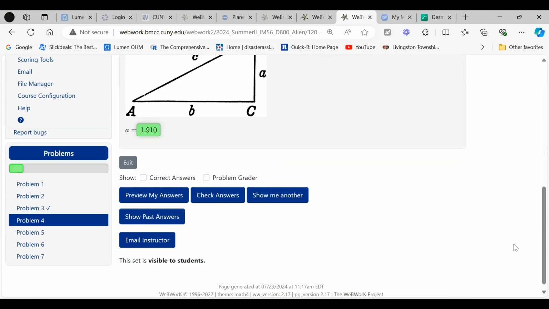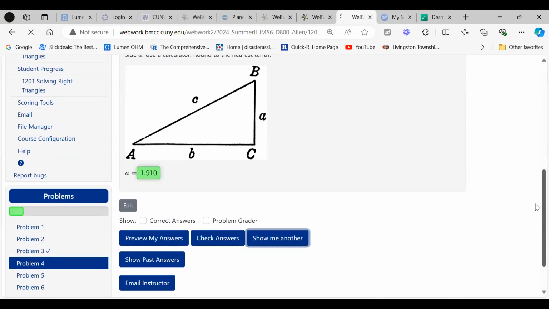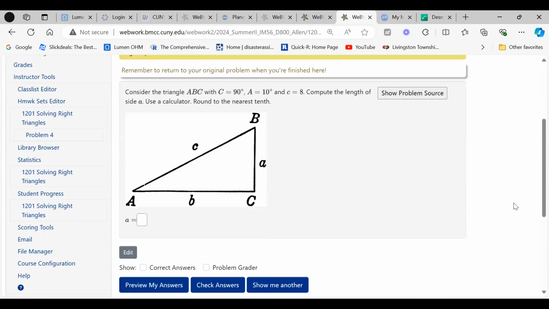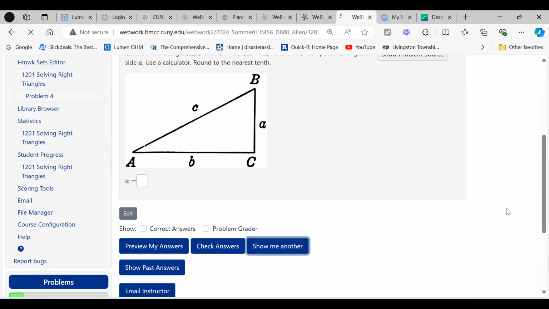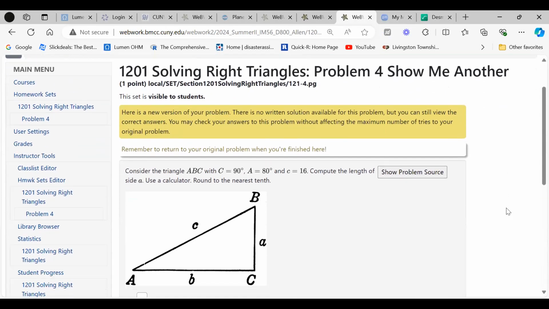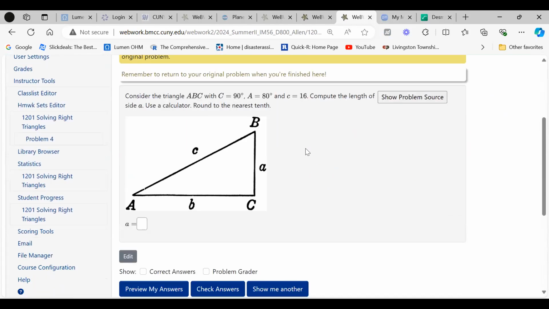Okay. Let's try one of the questions here. 10 degrees. Let's try something else. Yeah, 80 degrees. Let's try 80 degrees. So A is equal to 80 degrees this time.